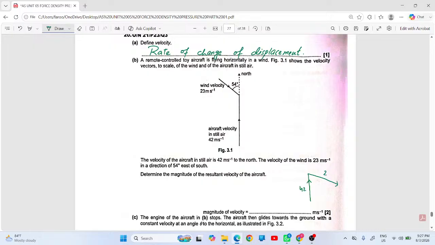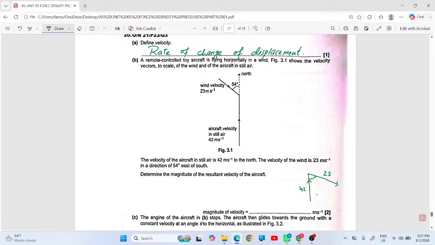This one is 23. Angle is always measured between two heads or two tails, not between a head and a tail. One has the head, and the 23 has the tail. Right, so head to tail has come.